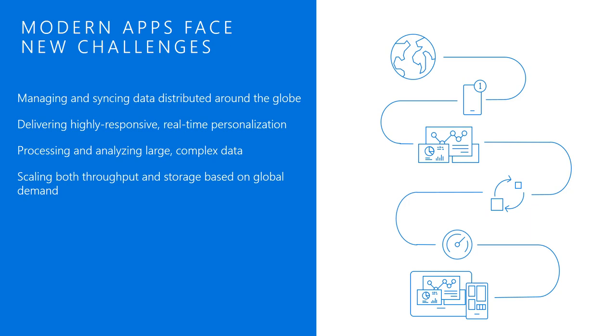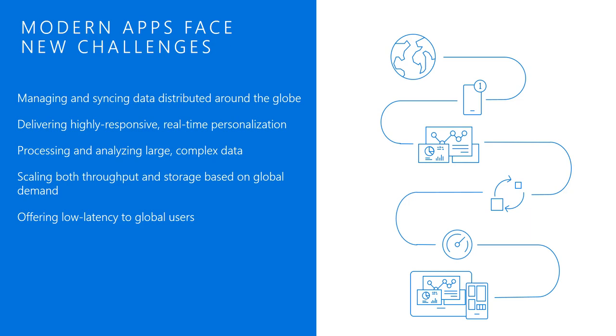So we need something where we can scale both throughput and storage based on global demand. An auto scale feature should be there, offering low latency to global users. As I said, low latency is a must-have, and there's no compromise on that.